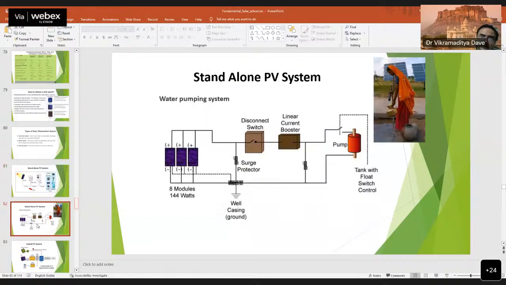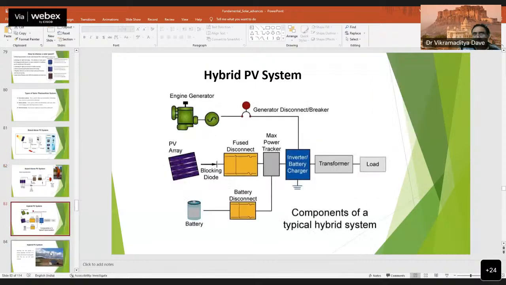Another is the installed PV system, a water pumping system, which is generally installed in our rural villages. Then the hybrid PV system, where, as I have already told you, there are other devices. It can be a diesel generator set, a bio generator set, or a wind turbine. So it is connected with the solar photovoltaic plant, and there we have a hybrid PV system.